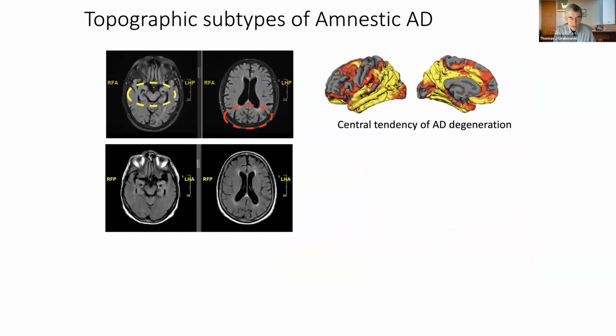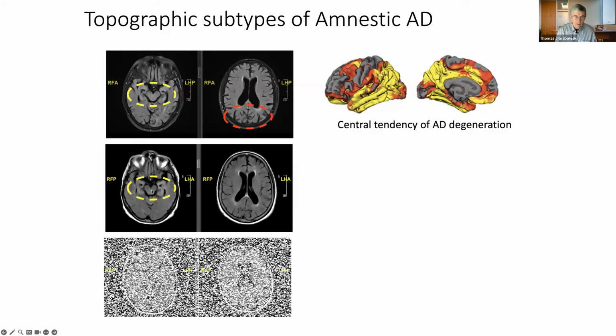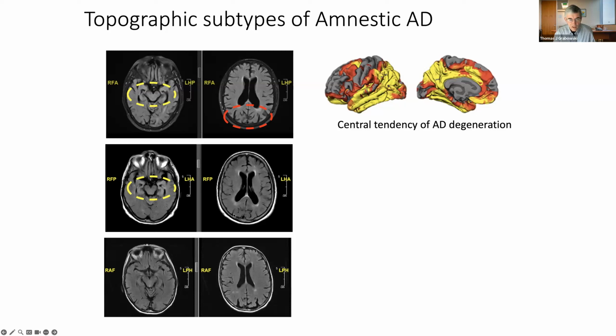And yet there are cases which show variation on this central tendency. So here's an example of someone who has significant medial temporal atrophy, but very little, if any, parietal atrophy. And here's another case of someone who's got very little medial temporal atrophy, but a lot of parietal atrophy.